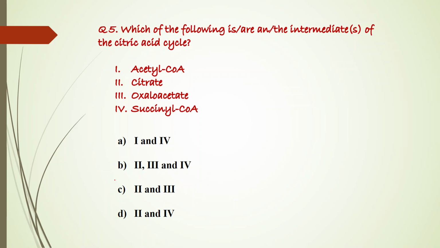Out of these 4, which are the intermediates of TCA cycle? For that you do need to remember the TCA cycle. This week 12 is mostly memory based questions, and for that you actually need to remember all the glucose oxidation steps as well as the TCA cycle or Krebs cycle steps. Try to answer that and then I will show.